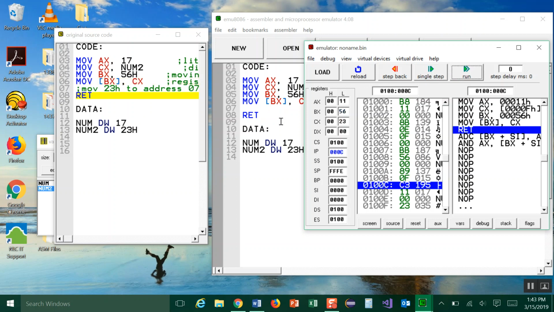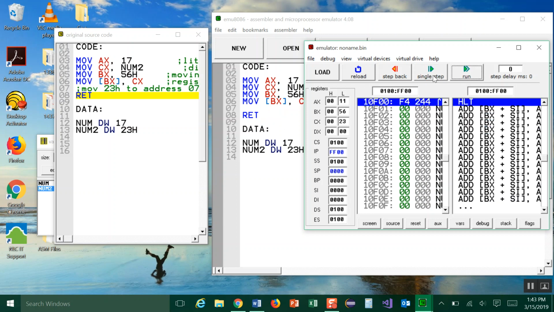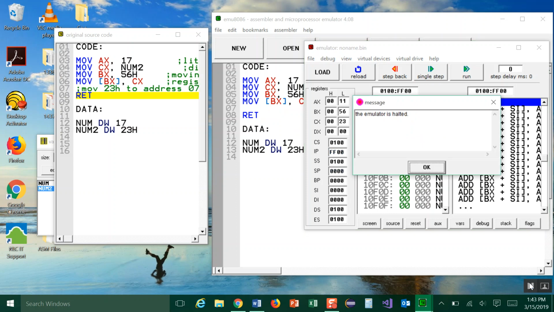And that's why we call this indirect or register indirect or pointer based, because the value in the register is not a value but an address. So it's indirect. We are looking at the value in the address in BX. That's why it's called register indirect or pointer based. And then we are done.